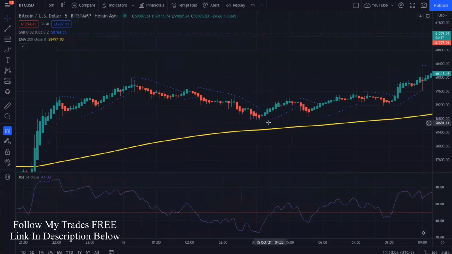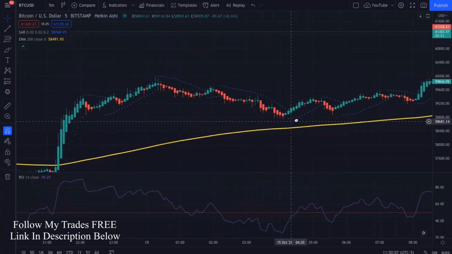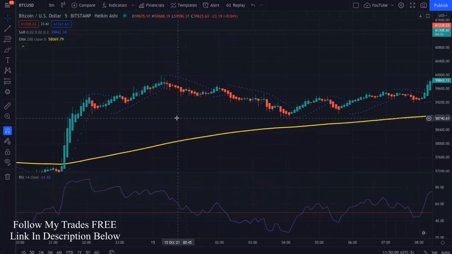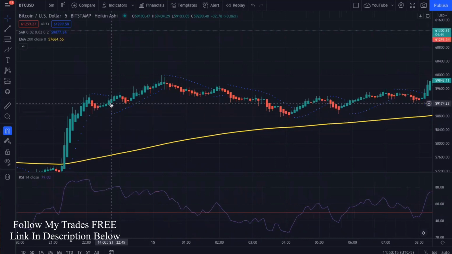Another example right here. You see how frequently this happens on the 5-minute chart with Bitcoin? It's ridiculous. This is great, right? Again, this one, you don't enter here because the parabolic SAR is still above.